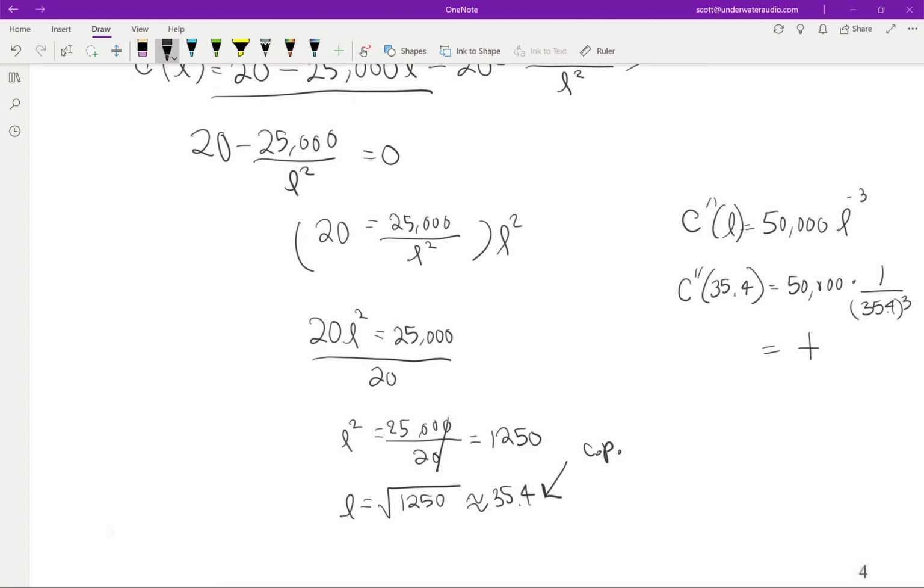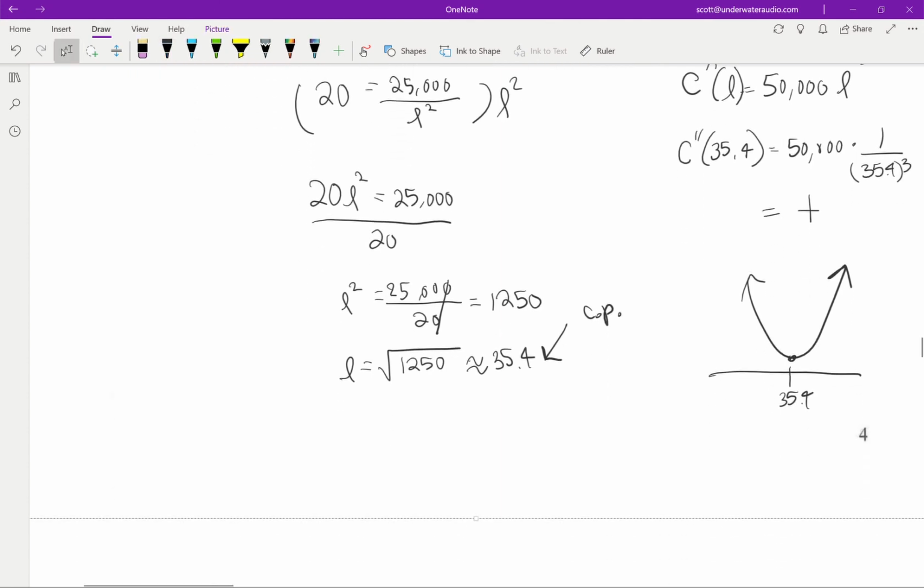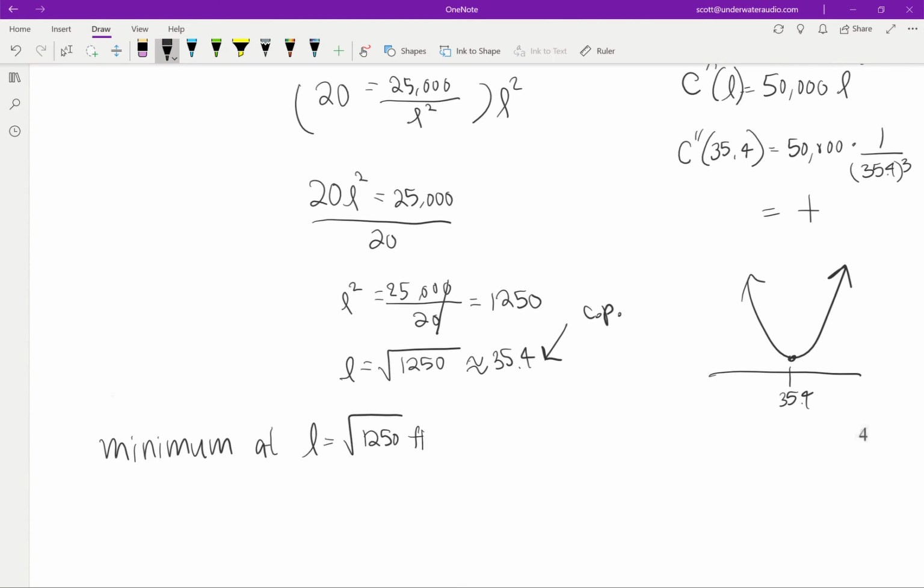So that's a good thing because that means it's concave up when L is 35.4. So that's definitely a minimum. So to write that out, we have a minimum at L equals the square root of 1,250, and I think that's in feet.